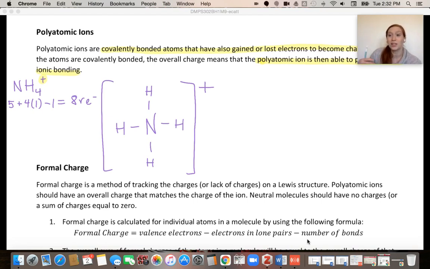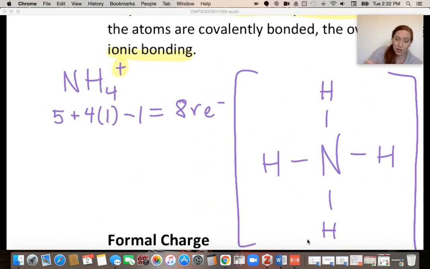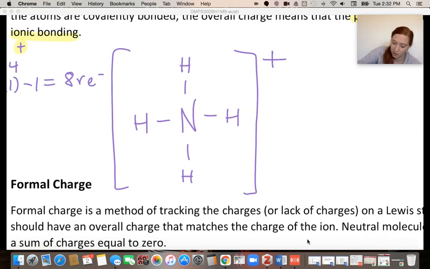Now, to show what's happening with that lost electron, we can think about what is actually going on with our number of valence electrons. We know that nitrogen has 5 valence electrons, and hydrogen has 1. If we think about how these electron pairs are shared, I'm going to color code these.